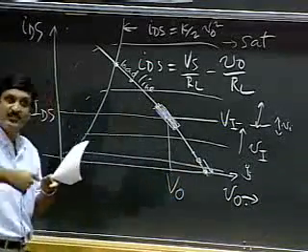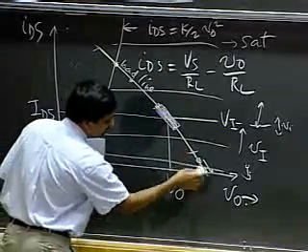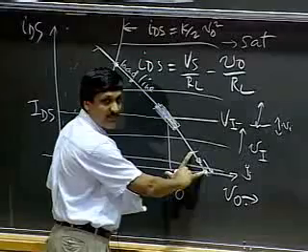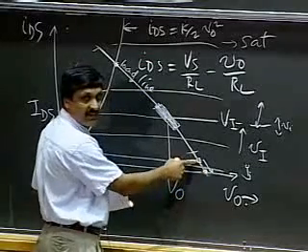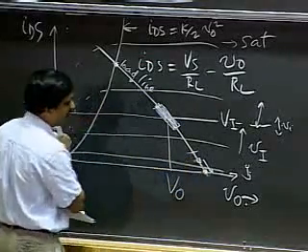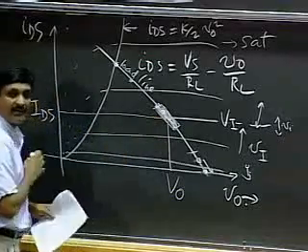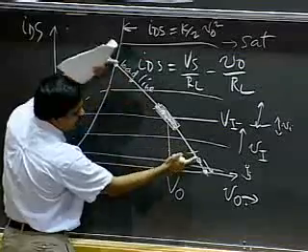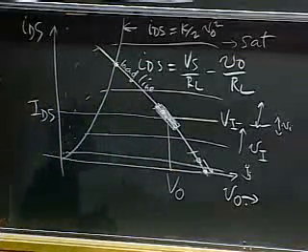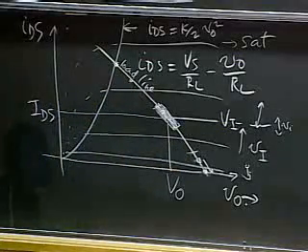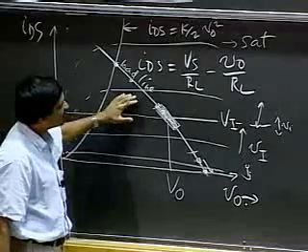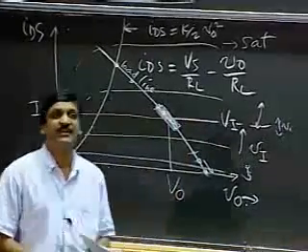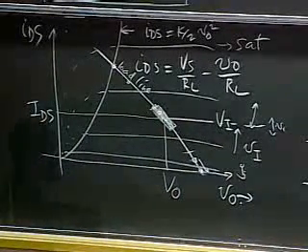If I want symmetric swings, then this is the best that I can do in terms of the valid input operating range, given that this is my bias point. On the other hand, if I very carefully choose my bias point somewhere here, then my input can vary over a much wider region and still get symmetric swings. And so the choice of bias point also influences the maximum swing range of my input signal.